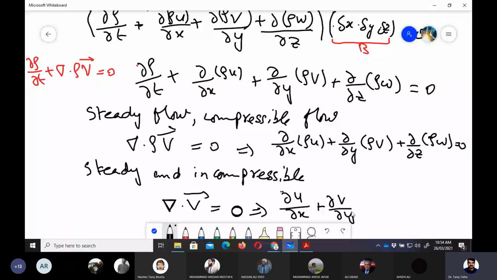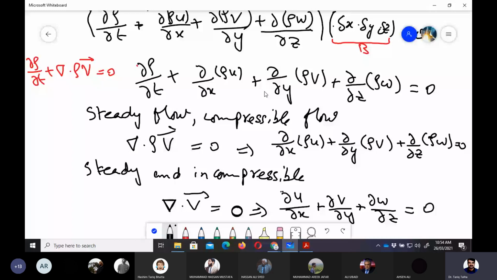Right. So for the case of steady flow, the first term is equal to 0, and then the second term is further simplified if the flow is incompressible. In that case, rho wouldn't be a function of x, y, and z, and then we can write it as del dot V. Right.